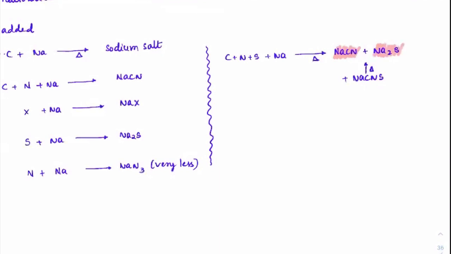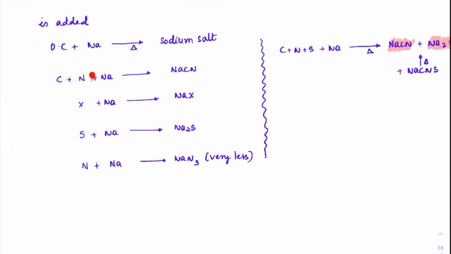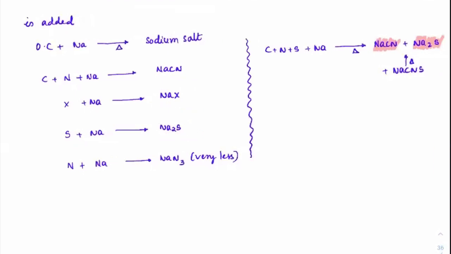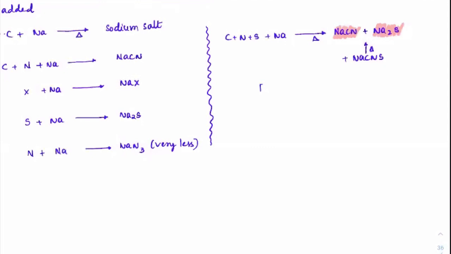Let me remind you all the salts once again. If there is a presence of only nitrogen, the major ionic form which you will get is NaCN. If there is a presence of halide, the major ionic form is NaX. If there is sulfur, Na2S. If there is phosphorus, we will get Na3P, sodium phosphide.